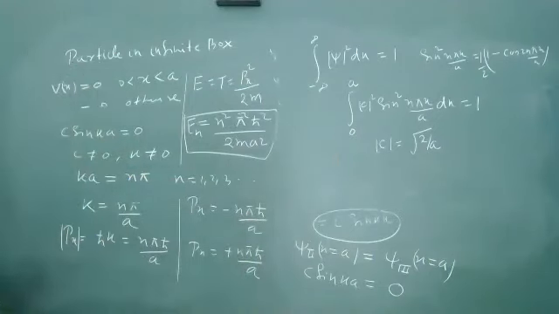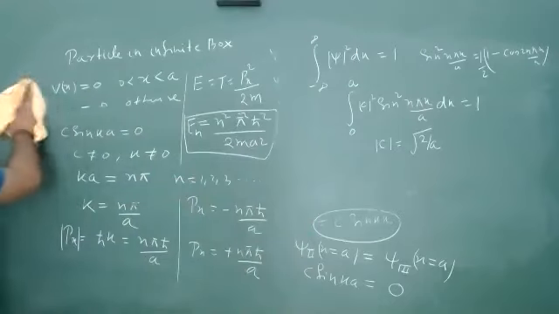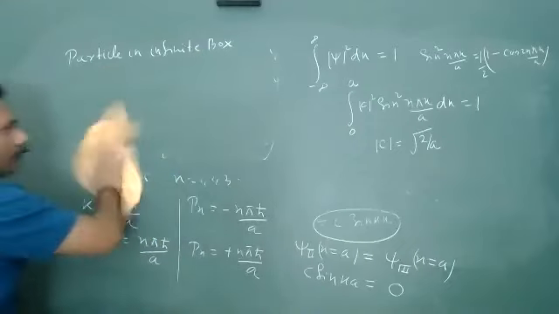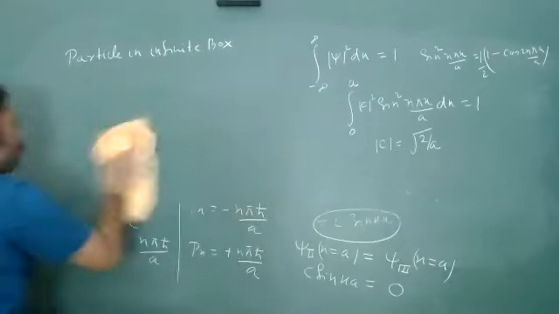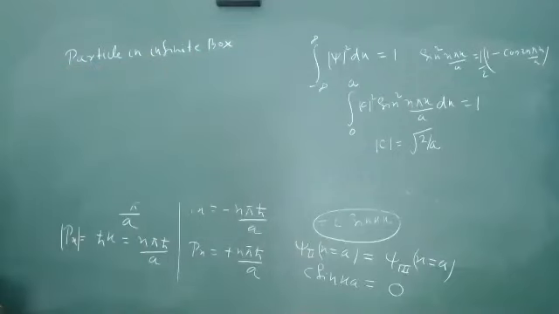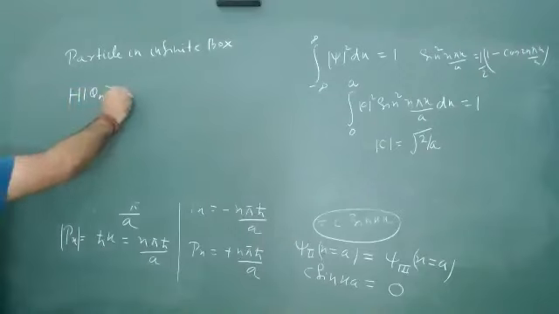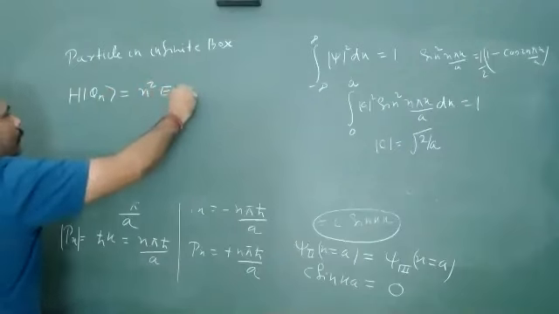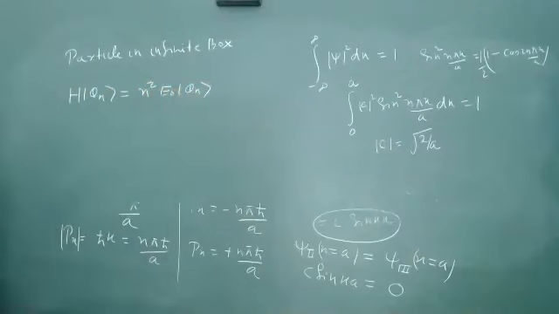So I can get a very interesting result, and that can be written in terms of ket also, because we have normalized and can write everything. So we can write H phi n is equal to n square E naught phi n.